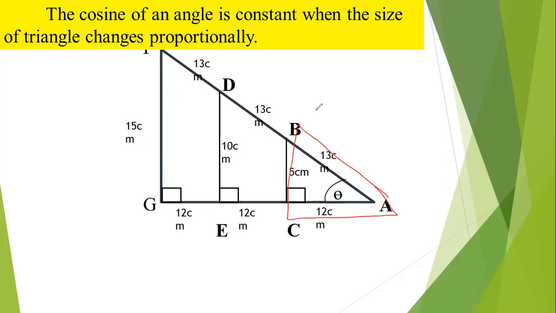Now we said that cosine theta equals adjacent over hypotenuse.